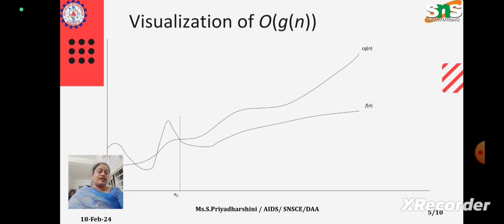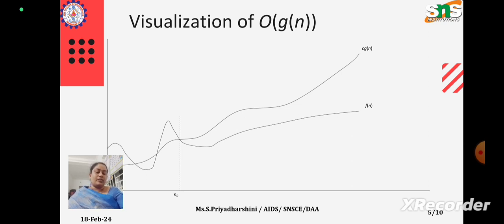To take the c value, obviously if you take c value as 2, then it will become 2n square plus n. But because your plus n is also there, what c value do you take? We take c value as 3.